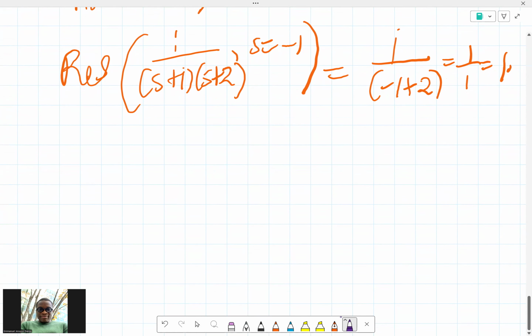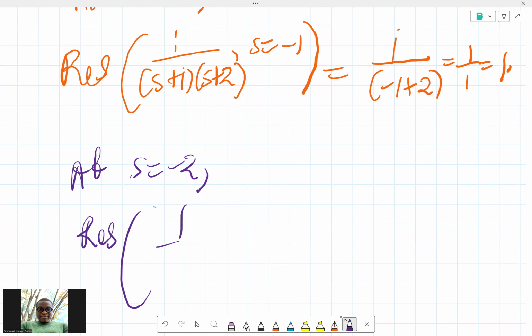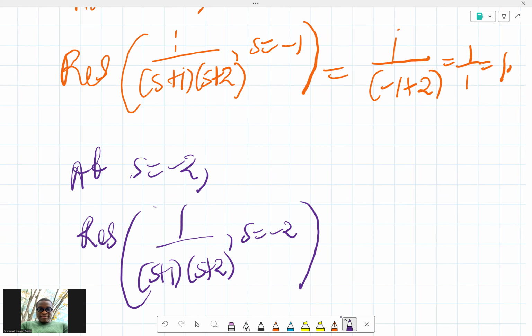Then we go for the other one. At s equals minus 2, the residue of 1 over (s plus 1)(s plus 2) at s equals minus 2: we skip the factor that will make it 0, and go for the other one. So we have 1 all over minus 2 plus 1, and that is 1 over minus 1, which ends up being minus 1.